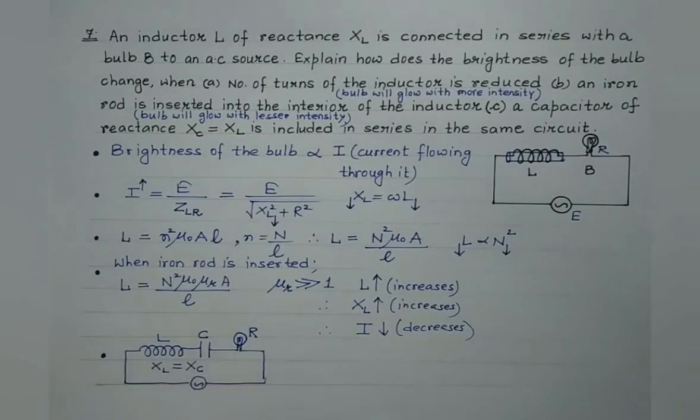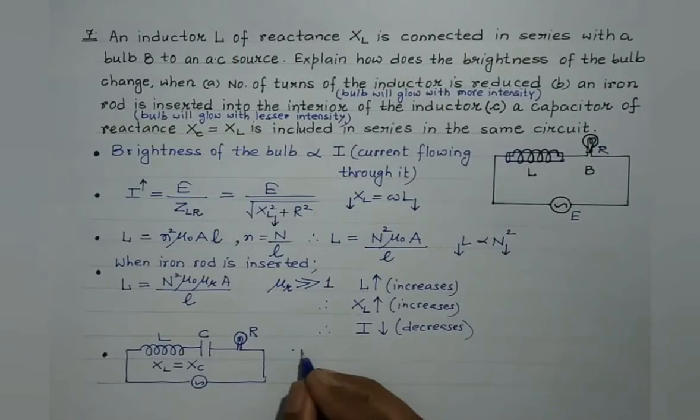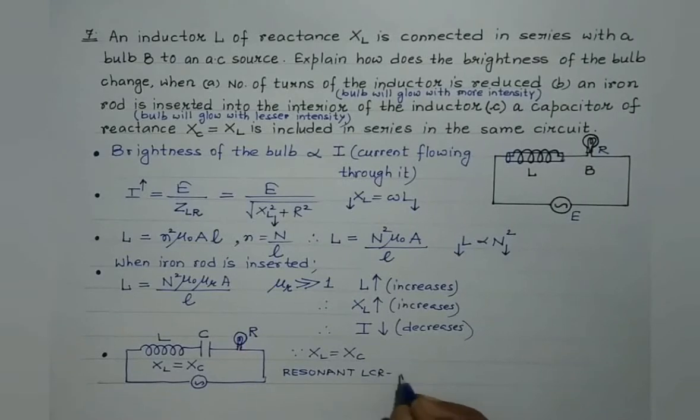Now look, it behaves as an LCR circuit, and since XL is equal to XC, it will behave as a resonant LCR series circuit.